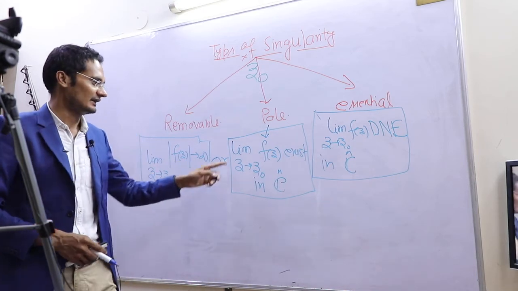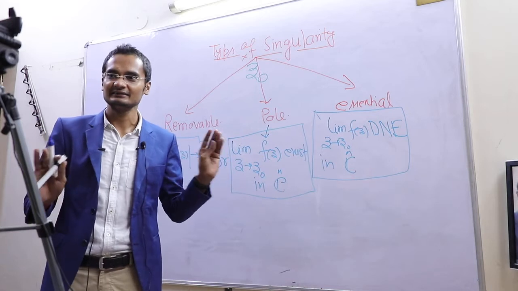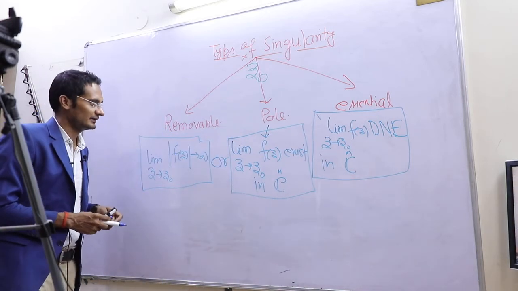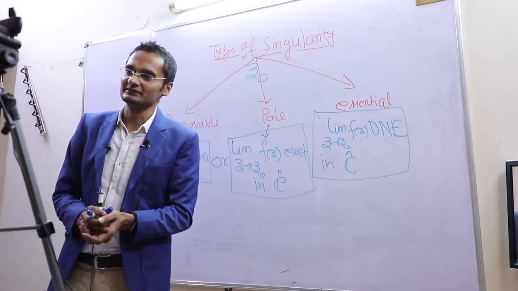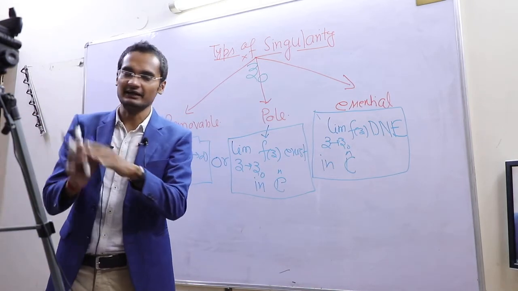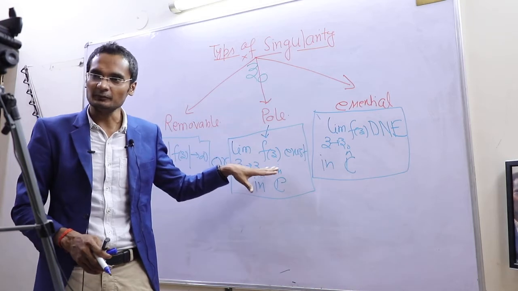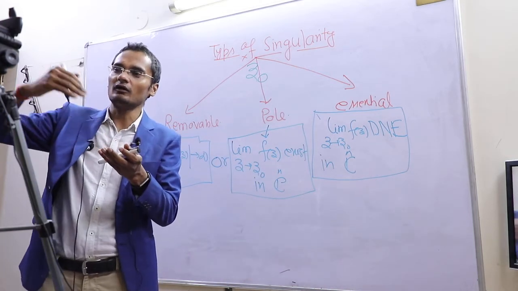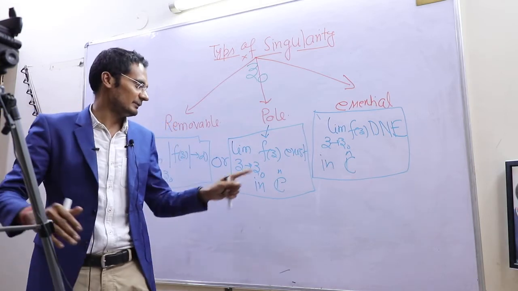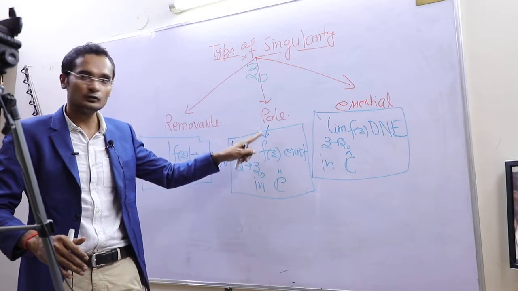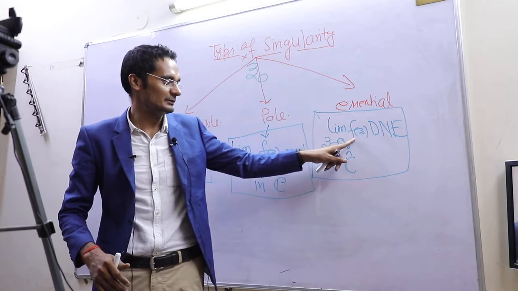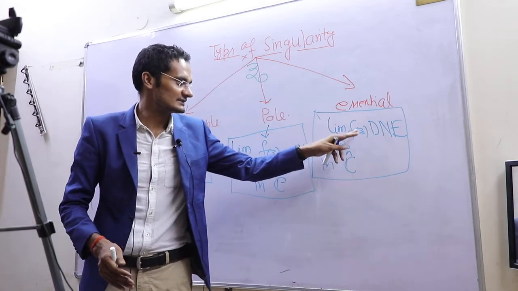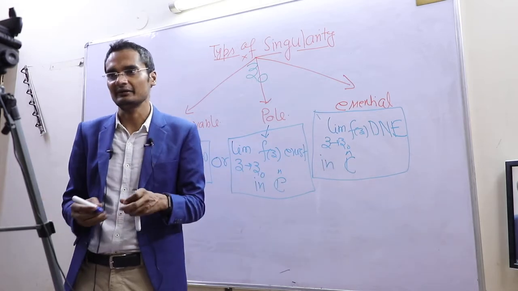That is why I am saying the limit exists in C infinity. In simple words, the function has a removable singularity if its limit exists and is finite. For the pole case, if the limit value always tends to infinity, we say it is a pole, and if the function's limit does not exist in the whole C hat, we say the function has an essential singularity.